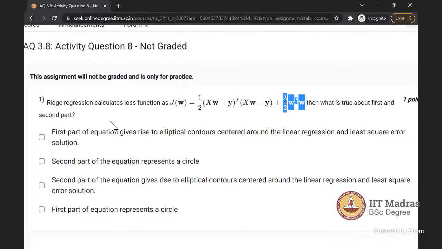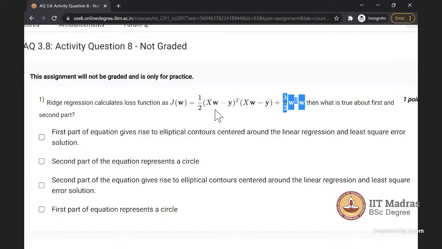So basically what we have to figure out is which one is the circle and which one is the solution to the linear least square problem and creates an ellipse. Which one do you think are the correct options? Ellipse and circle, is it?